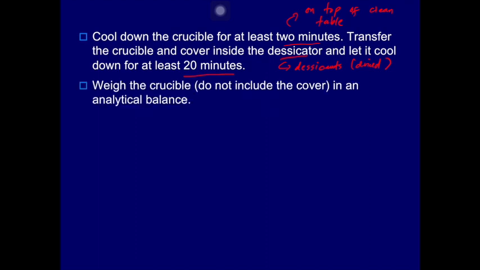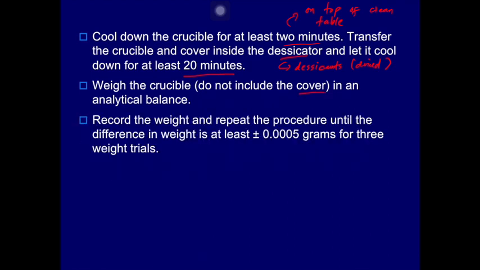Weigh the crucible. Do not include the cover in the analytical balance afterwards. Record the weight and repeat the procedure until the difference in the weight is at most 0.0005 grams for three trials. This does not mean that you take out the crucible once after weighing and then weigh it again after a second or so, and then again.